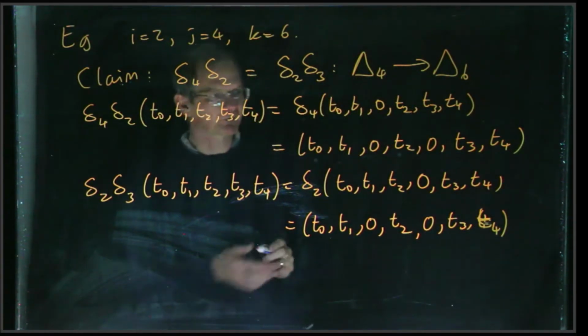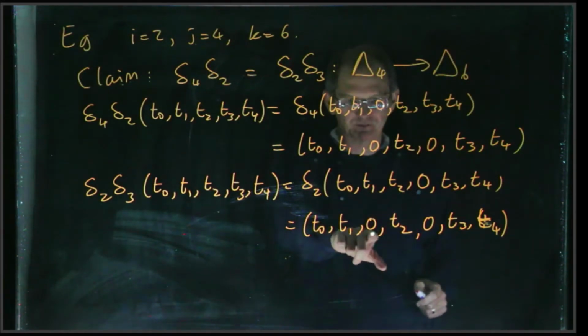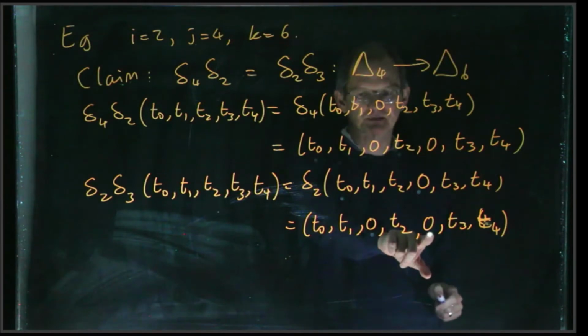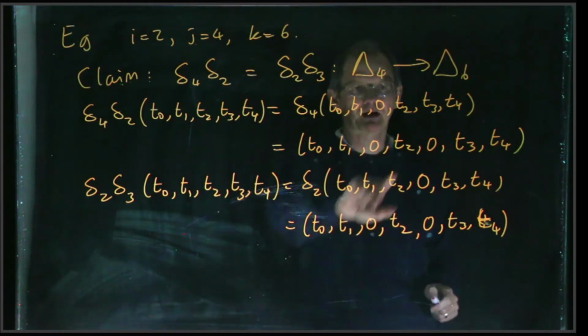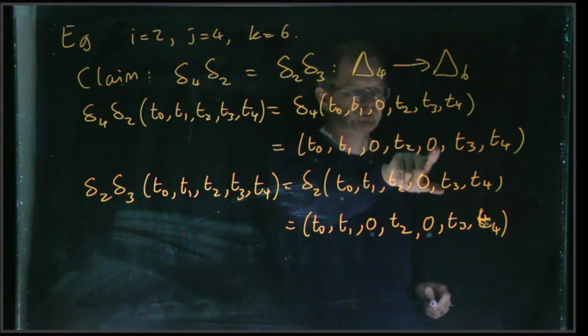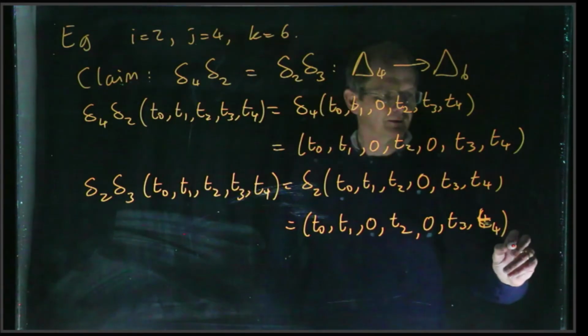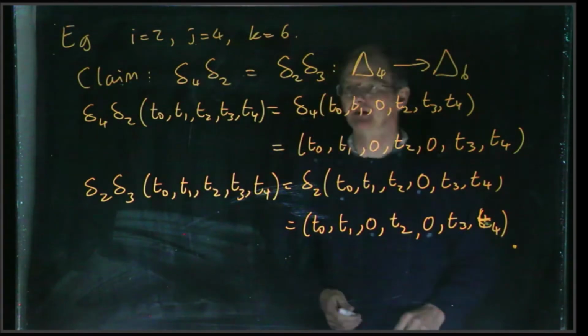As you see here, this first 0 was in position 3, but because we inserted a 0 before, it moved into position 4. And so in both cases, we end up with our zeros in position 2 and position 4, and we get the same answer. So it's an example of what we had on the previous screen.